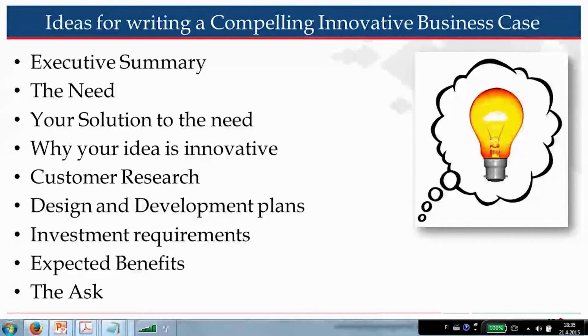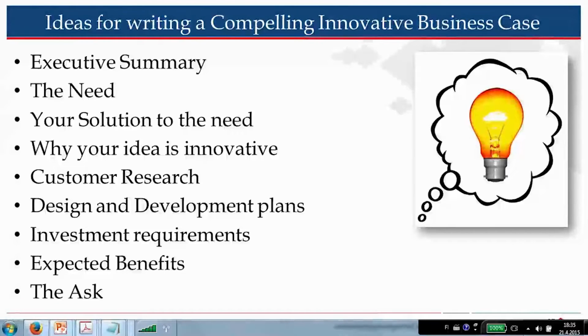Ideas for writing a compelling business case. These are the items that you typically have. You first write an executive summary and the need, why you need this. Then you say what kind of solution you're providing to the need, and you justify why your idea is innovative.